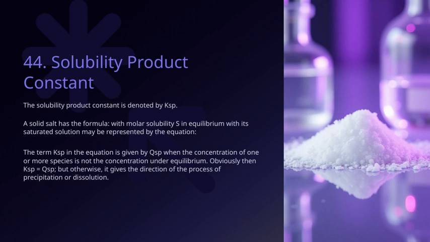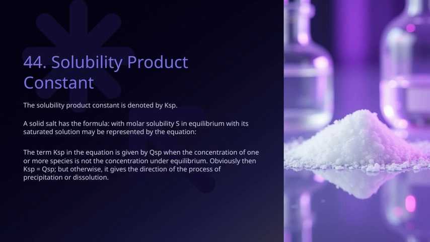This concept is central to our overall theme because it helps us predict and control processes like crystallization, precipitation, and dissolution, which are fundamental in many chemical and industrial applications. Understanding KSB and QSB gives us valuable insights into the behavior of salts in solution, guiding us in both research and practical scenarios.